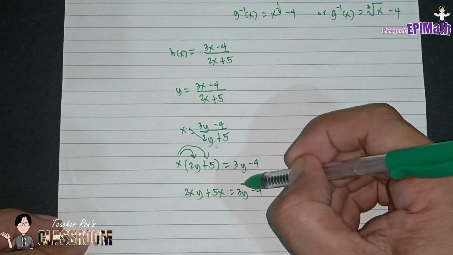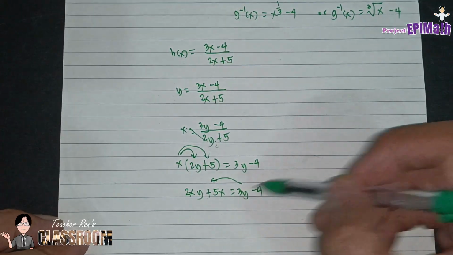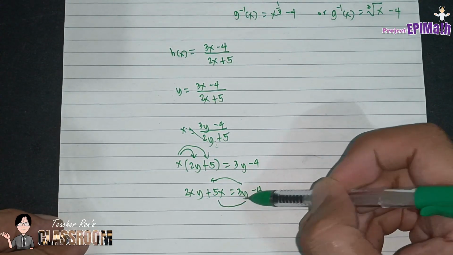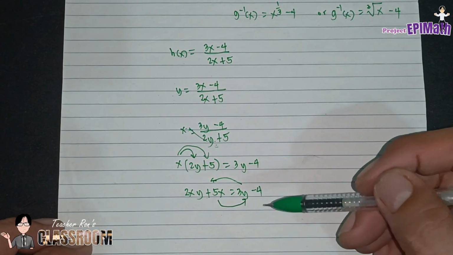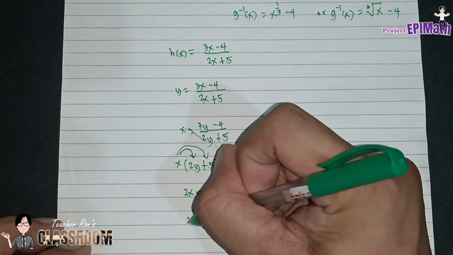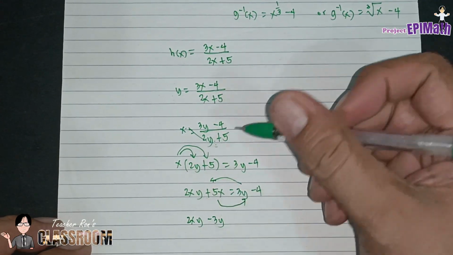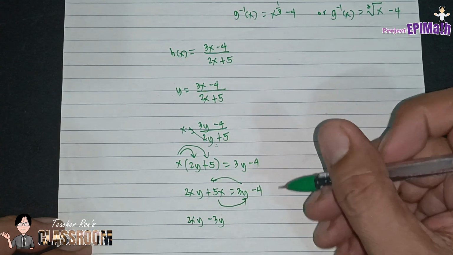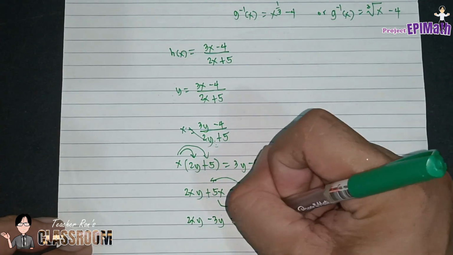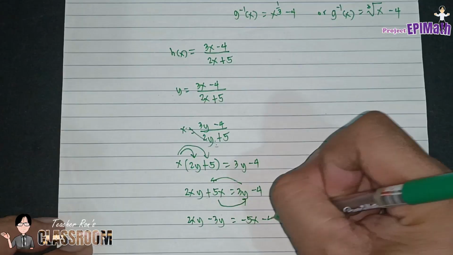So, this 3y kailangan mapunta dito. Then, yung 5x, hihiwalay natin, dadalhin natin sa kabilang side. So, 5x kailangan mapunta dito. So, to do that, subtract 3y on both sides. So, we will have 2xy minus 3y. And then, subtract also 5x on both sides. So, we have negative 5x minus 4.